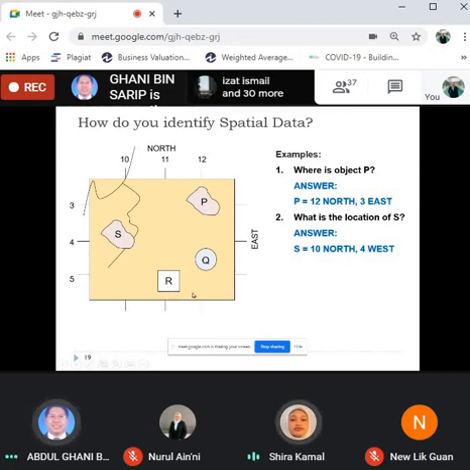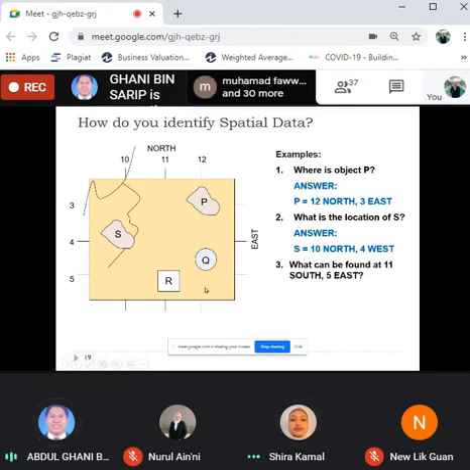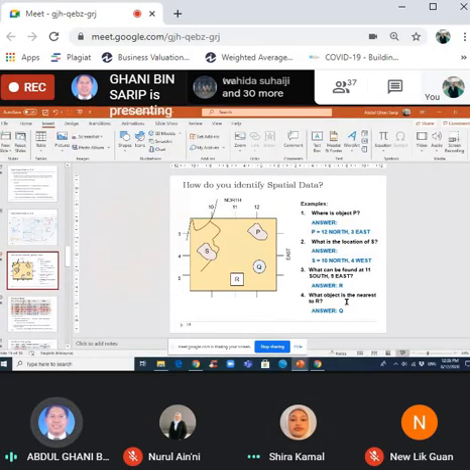The bulk of R is more towards east. But if you want to know the actual R, we need to verify it by looking at the latitude and longitude. Then we can get to know the exact position. Okay, that's all right. Thank you. Okay, no problem.